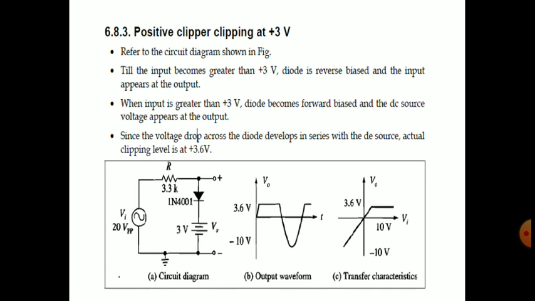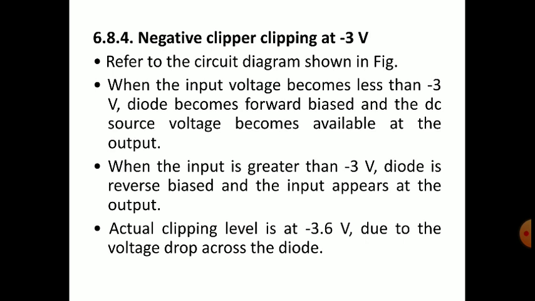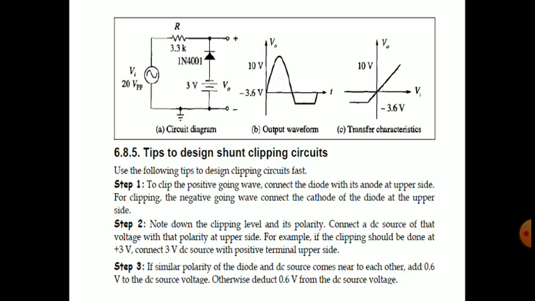See, this one is a good example here. In this, the P side is connected to the upper side because we are clipping the positive side. You can remember it like that: P positive, P should be connected upper, and for negative clipping, the negative side should be connected at the upper side.